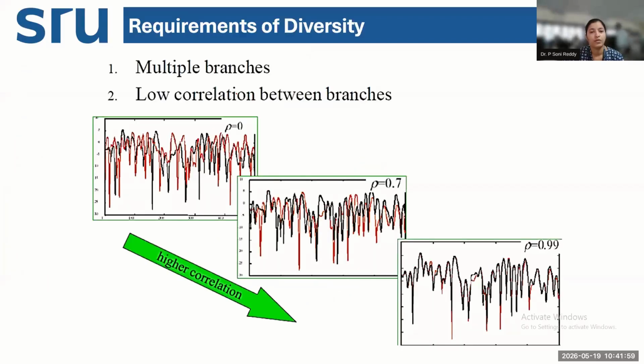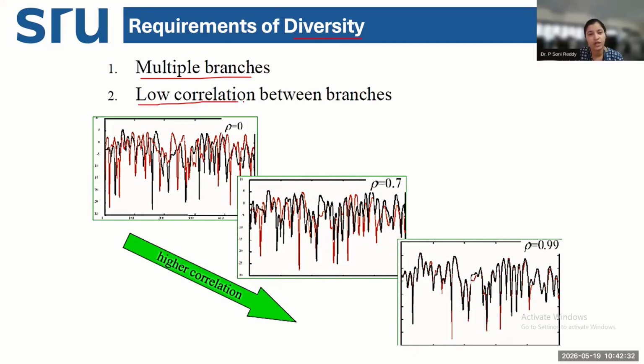Okay, now comes the question of correlation, and how the multiple components should be unrelated to each other. Why should they be unrelated, and what do we mean by correlation between the different channels? The most important factor of diversity is that there should be multiple channels or multiple copies of the same signal transmitted from the transmit to the receive side.